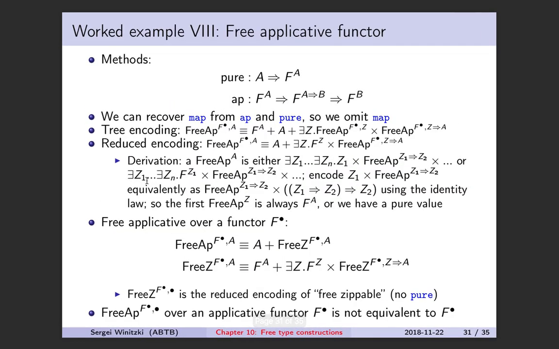Let's consider the free applicative, which is an interesting type class. It has two methods. We choose pure and app because the other choice would be, for example, wrapped unit and zip. They do not return the type that we're constraining.